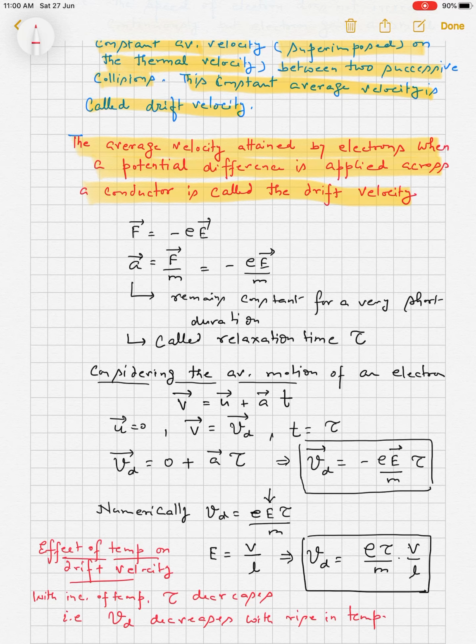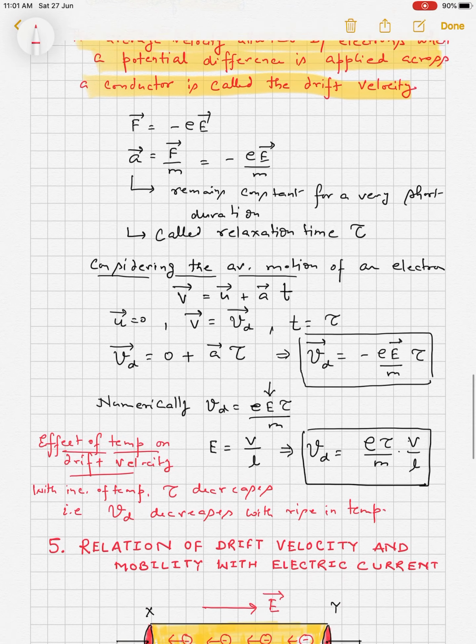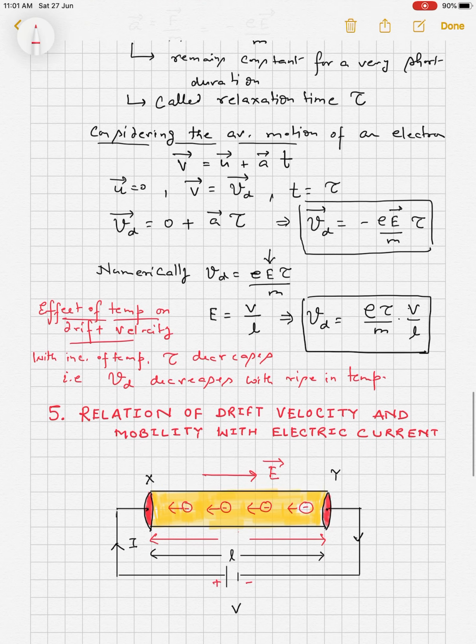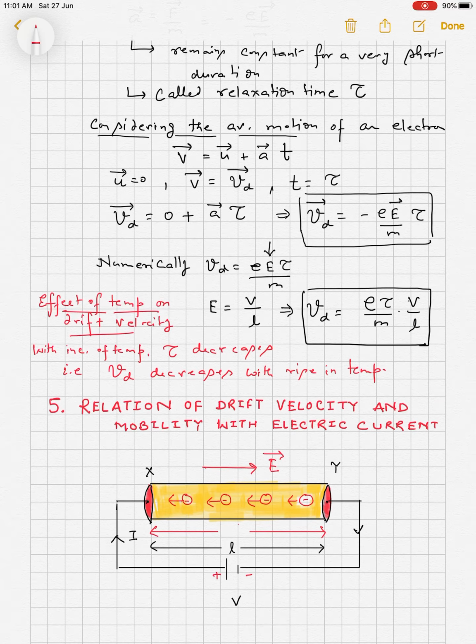So this is the relation for drift velocity: vd is equal to e tau by m times V by L. As the temperature increases, tau decreases, and vd is proportional to tau, so vd also decreases. Now the relation of drift velocity and mobility with electric current.